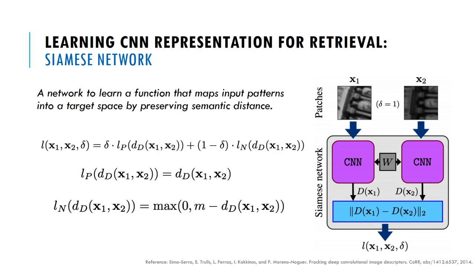And if they are not the same, then we're going to try to maximize the distance by at least some margin, m, which is one of the parameters here. So this, in effect, will create a great place for us to search for our target domain. But it could be better. The Siamese network does a good job, but there are ways to improve it.